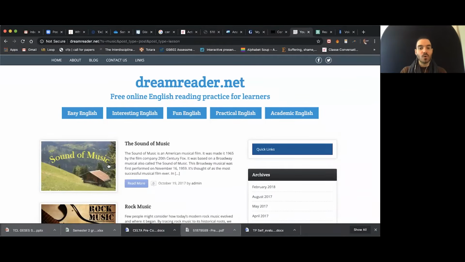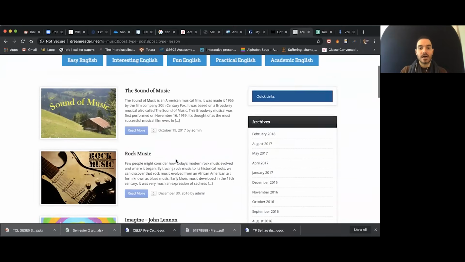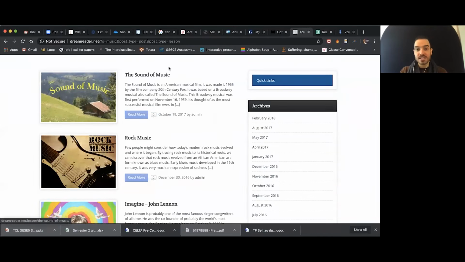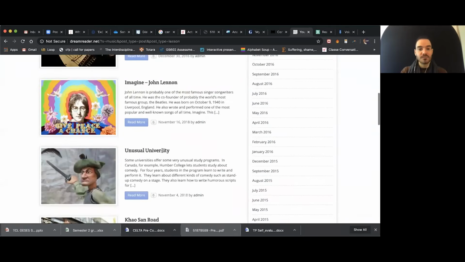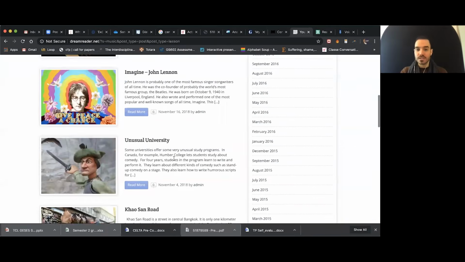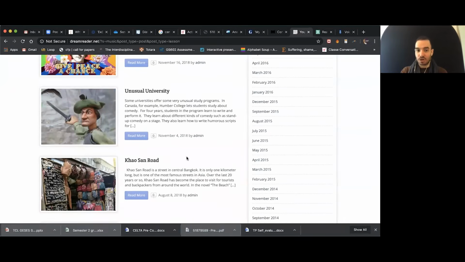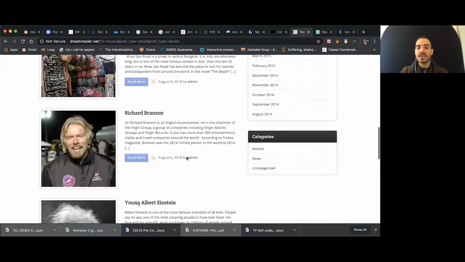And I can see all these texts here. The Sound of Music, so this is about the American musical film, rock music, an article about Imagine, the song by John Lennon, unusual university, something about music here again, and so on.